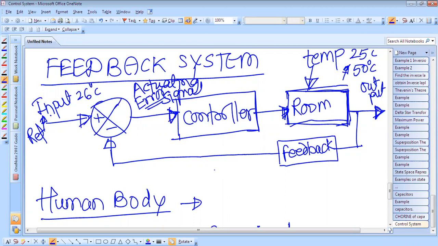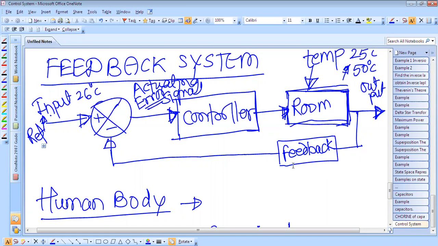Feedback may be the output signal itself or a function of the output signal and its derivatives, and it is fed to the controller so as to reduce the error and bring the output of the system to a desired value.